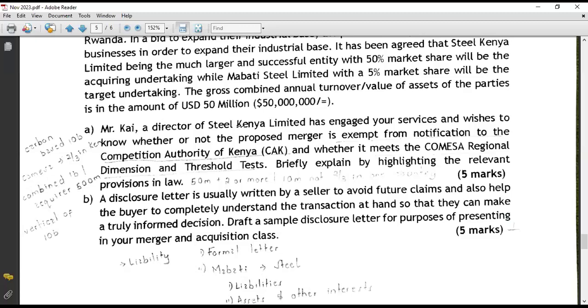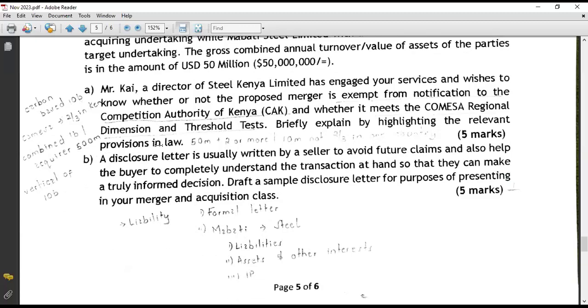Yes. So a disclosure letter is usually written by the seller to avoid future claims and also help the buyer to completely understand the transaction at hand so that they can make a truly informed decision. Draft a sample disclosure letter for purposes of presenting in your merger and acquisition class. So this commercial question has had a lot of drafting.